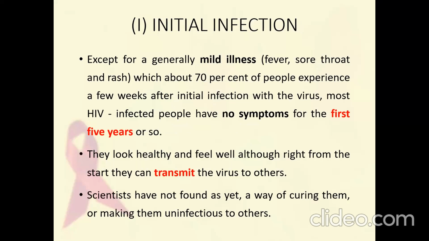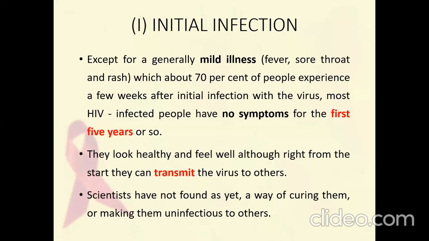Except for generally mild illness, that is fever, sore throat and rash, which about 70% of people experience a few weeks after initial infection with the virus, most HIV infected people have no symptoms for the first 5 years or many.